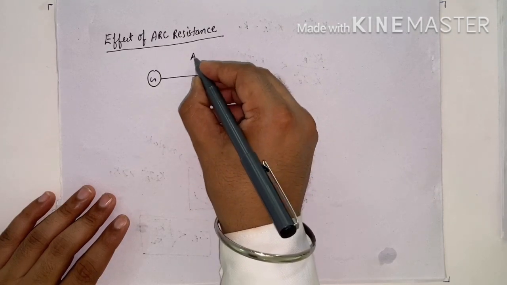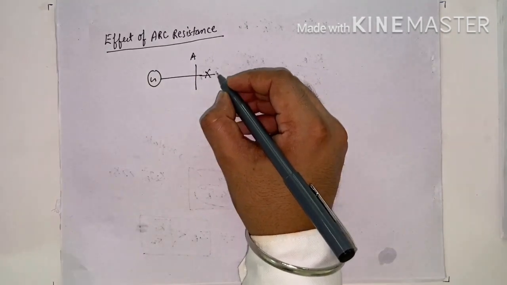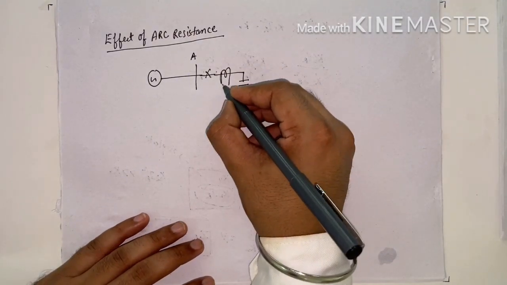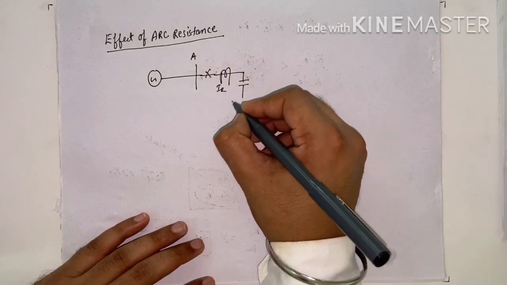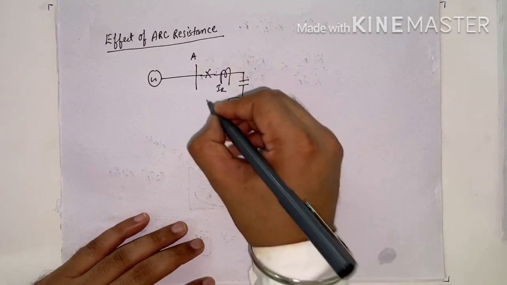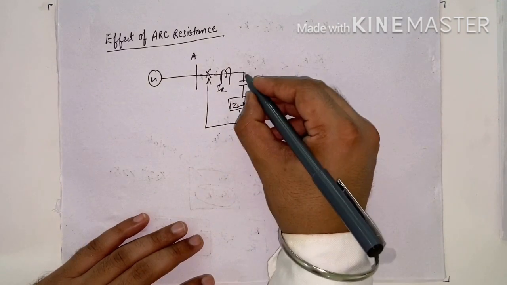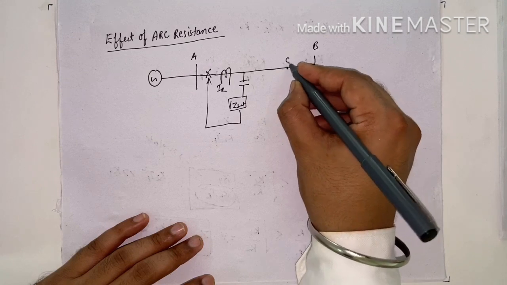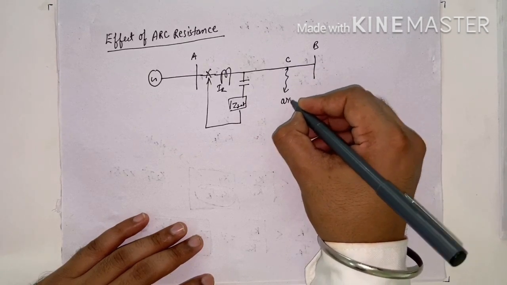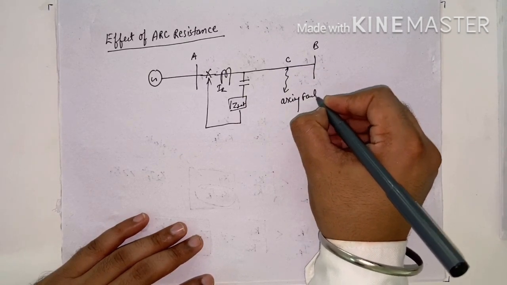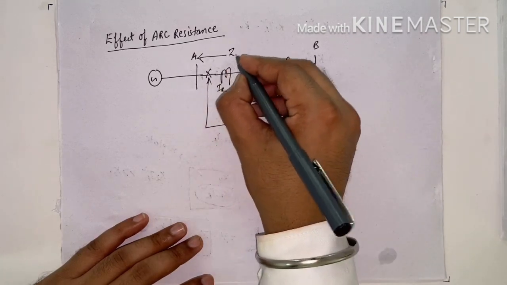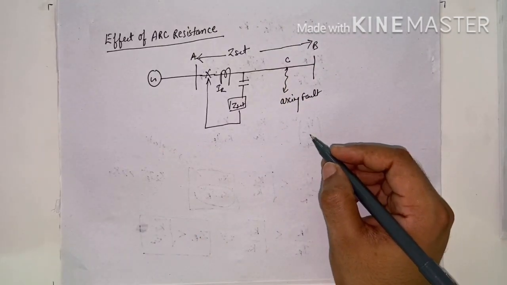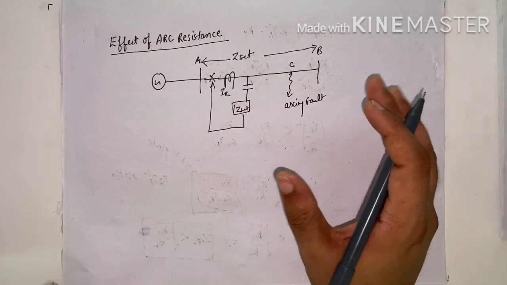Suppose this is the bus bar A and this is the circuit breaker we have used, and this is the relay coil, and this is the voltage it is measured, this is IR, and we can consider this is the Z set value, and this is the measuring component, and we have the bus bar B, and suppose the fault happens at point C, and this is the arcing fault, and the value of Z set is up to here, this is the reach value of Z set. In this area the impedance distance relay works.